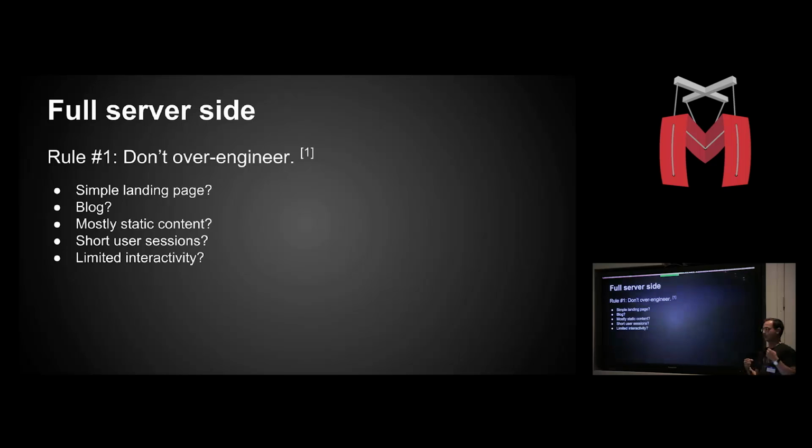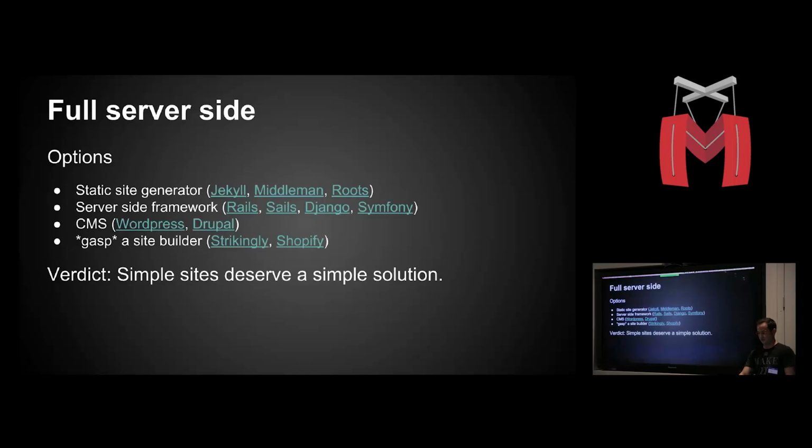But what if you're just going to a site for simple information about a company, and that's it? You're really just coming and going. Or what if you have a blog or a simple landing page? If your content is mostly static, with limited interactivity, those are all good candidates for going server side.